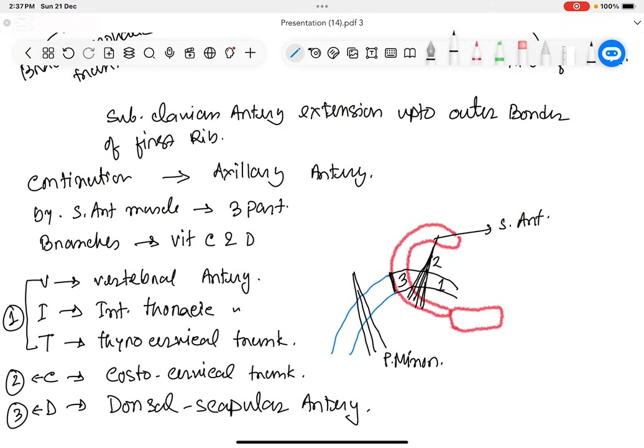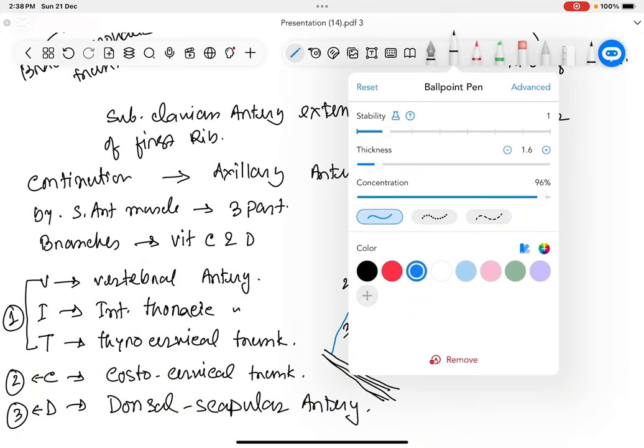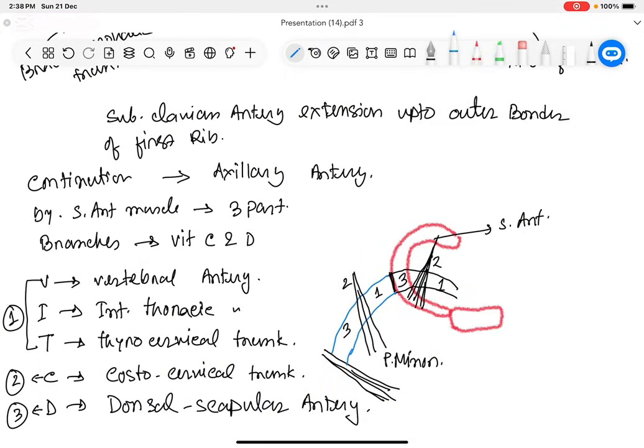With the pectoralis minor, the artery is divided into three parts: medial to the pectoralis minor is the first part, behind the pectoralis minor is the second part, and lateral to the pectoralis minor is the third part. The axillary artery is a continuation of which artery? Subclavian artery. The axillary artery will continue till the lower border of teres major muscle. After that it will continue as the brachial artery. So up to the lower border of teres major, the blue color what I mentioned is called the axillary artery.